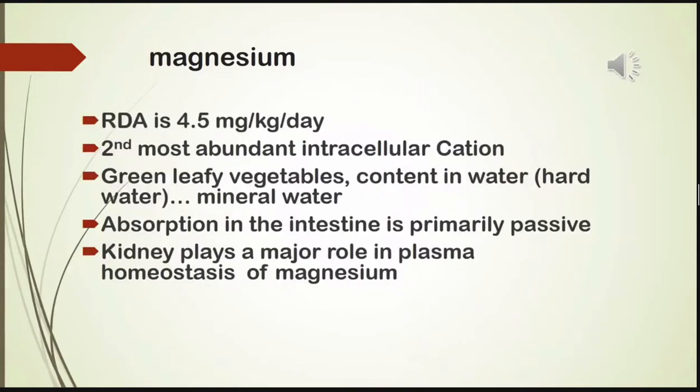The RDA for magnesium is around 4.5 milligrams per kilogram per day. It is considered the second most abundant intracellular cation, mostly found in green leafy vegetables and even in water, like mineral water. Absorption of magnesium in the intestine is primarily passive, and the kidneys play a major role in plasma homeostasis of magnesium.